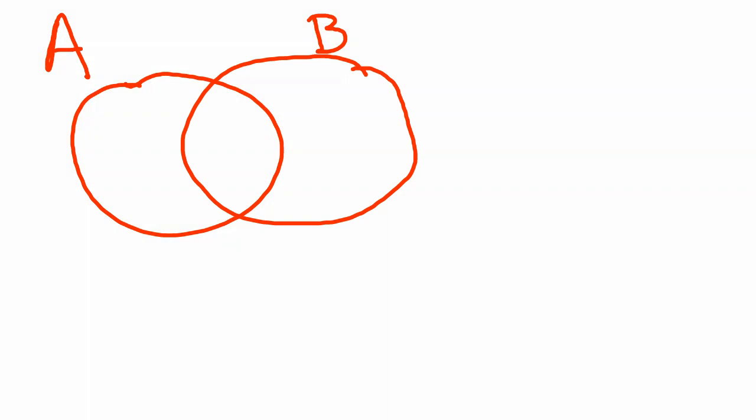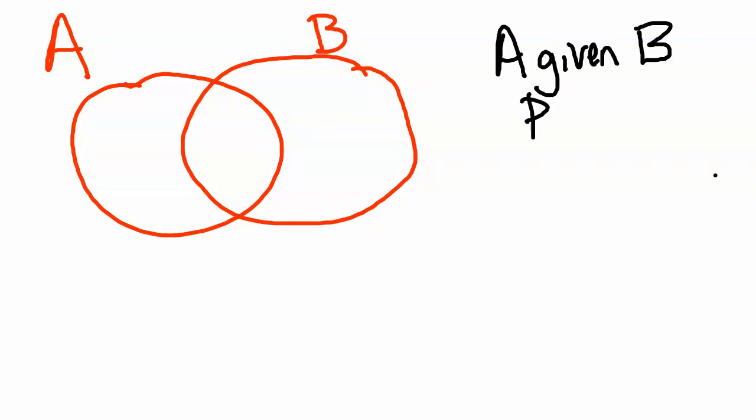And I want to draw a picture of A given B. Okay, so I want to show you where that formula comes from. And again, the symbol looks like that.